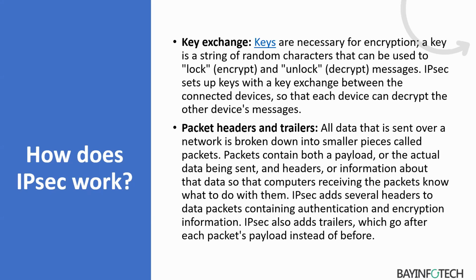Packet headers and trailers. All data that is sent over a network is broken down into smaller pieces called packets. Packets contain both a payload, or the actual data being sent, and headers, or information about that data, so that computers receiving the packets know what to do with them.